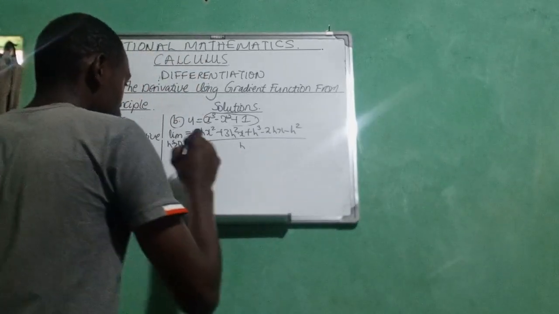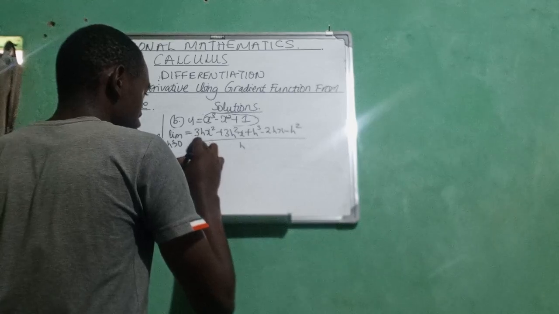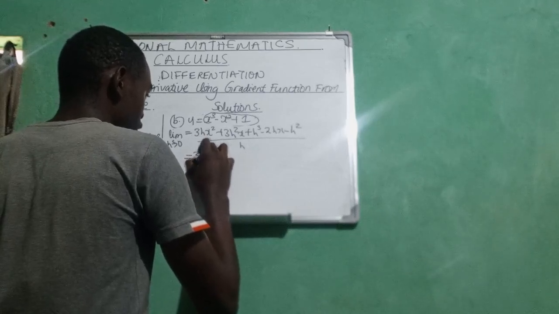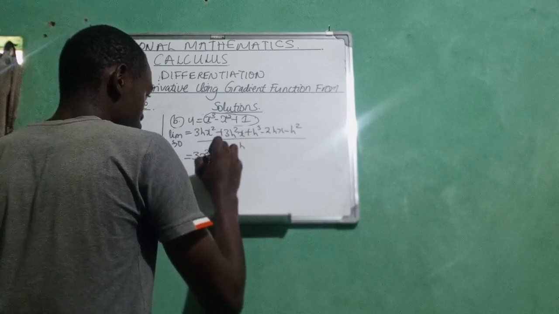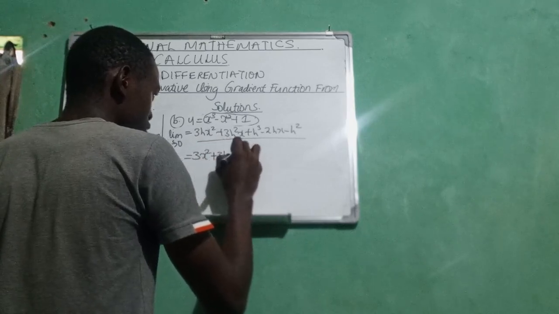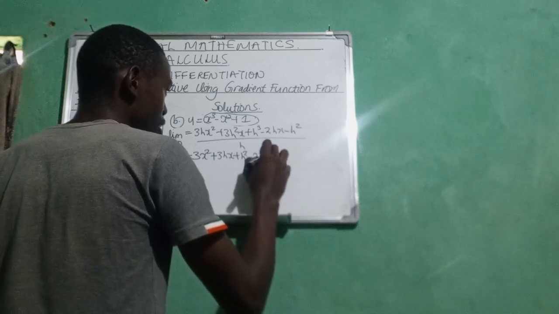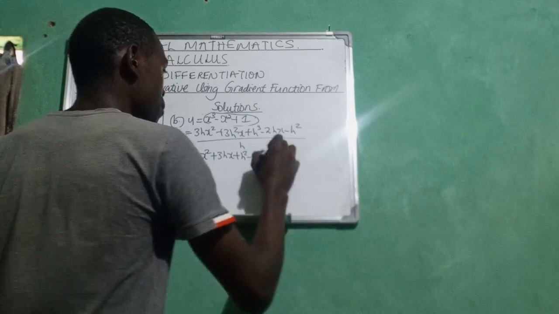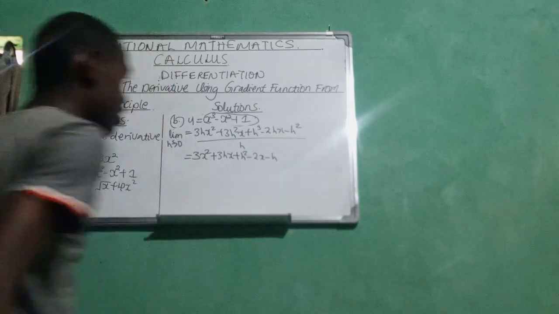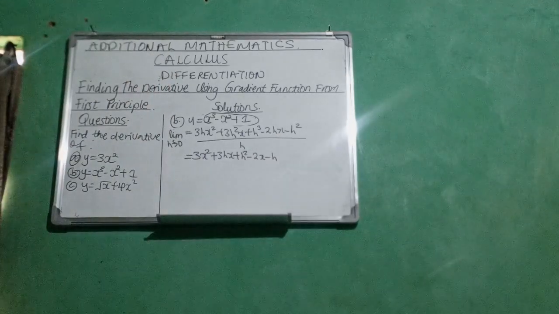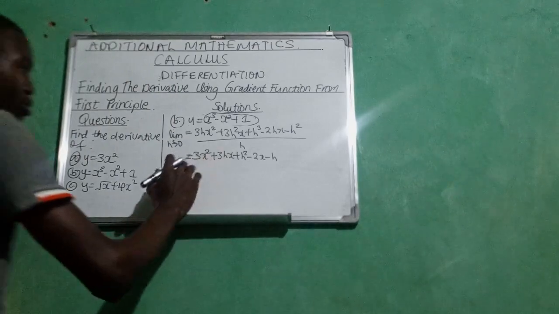So this would be equal to 3x squared plus 3hx plus h squared minus 2x minus h. You have divided throughout by your h.